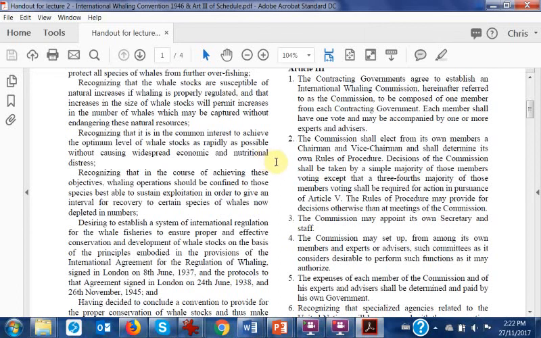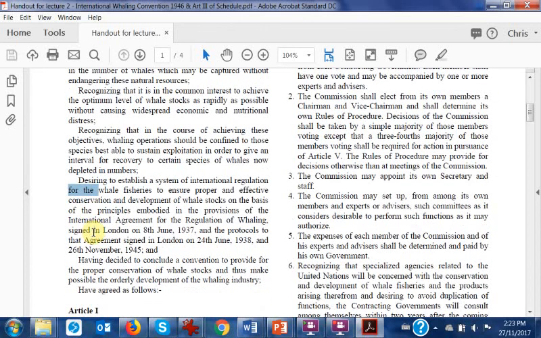But this treaty was originally, so this is 1946, desiring to establish a system of international regulation for the whale fisheries to ensure proper and effective conservation and development of whale stocks on the basis of principles embodied in this agreement, an early agreement.